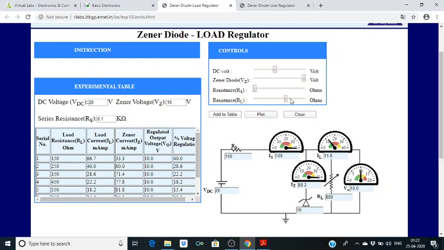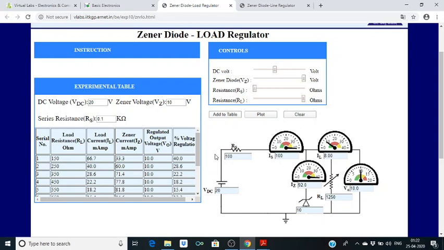then 950, 1050, 1150, and then finally 1250.